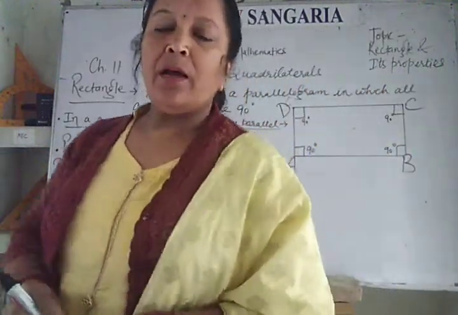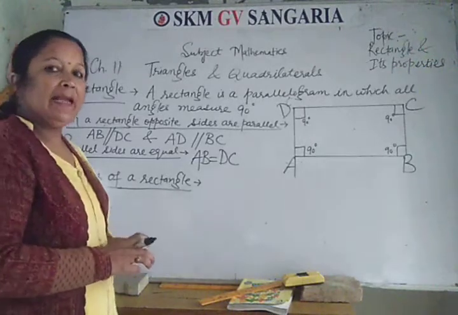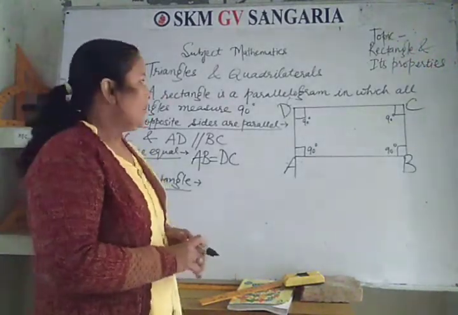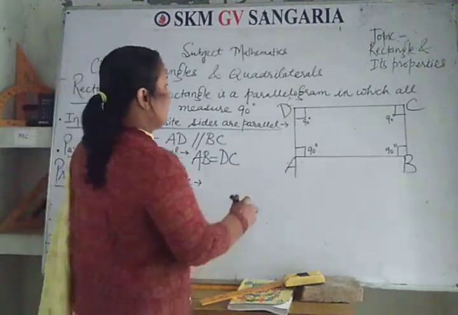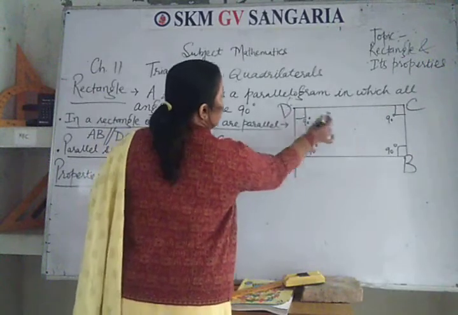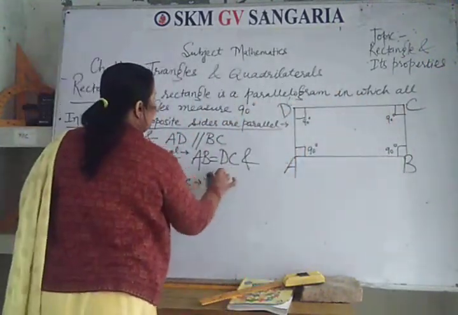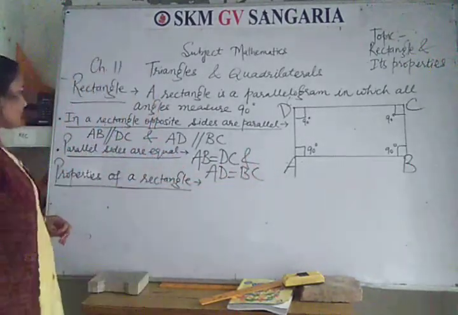In a parallelogram, opposite sides are parallel and those parallel sides are also equal. AB is equal to DC and AD is equal to BC.